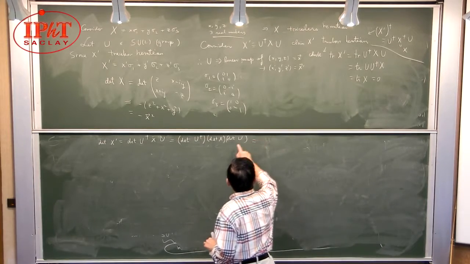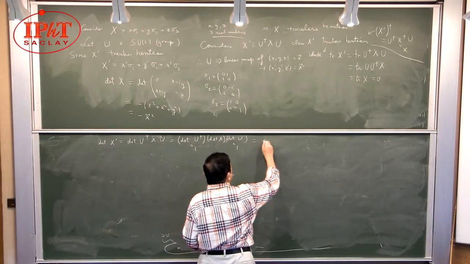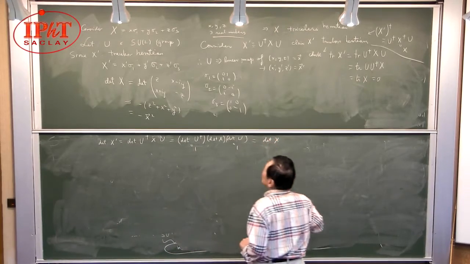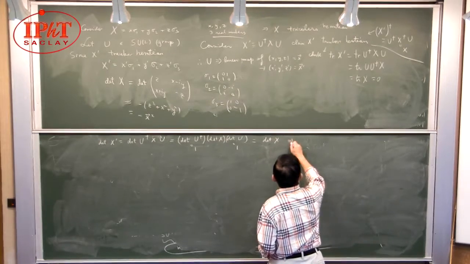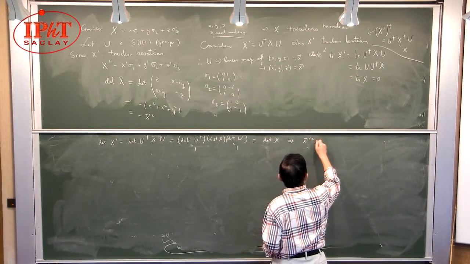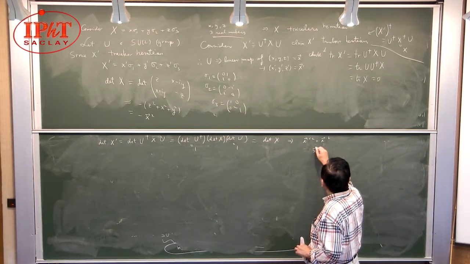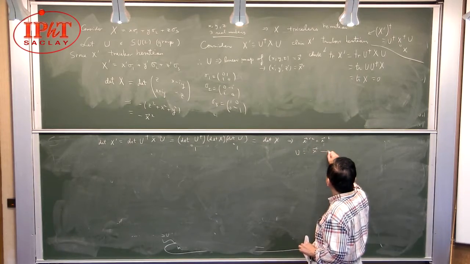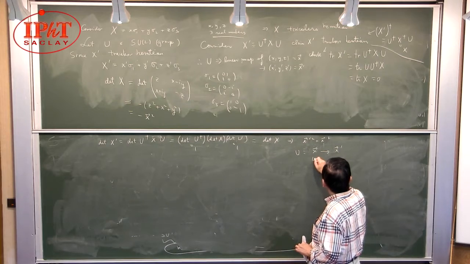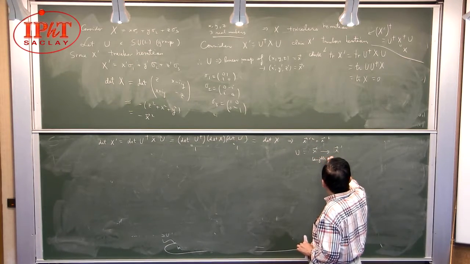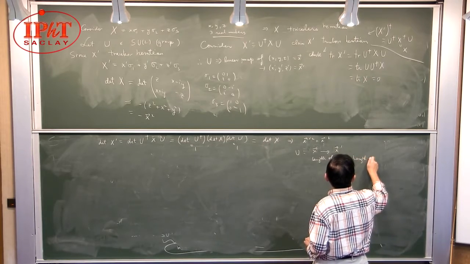So therefore, since the determinant of U is equal to 1, this is equal to the determinant of X. So since the determinant of X is the vector x squared, this means x prime squared is equal to x squared. So U defines a map of x into x prime, and the length of x prime is equal to the length of x.